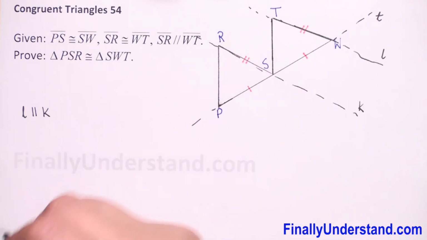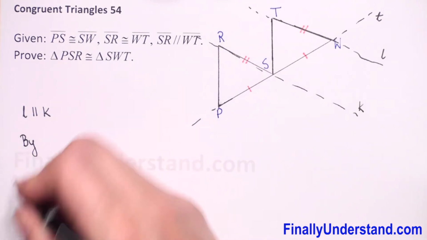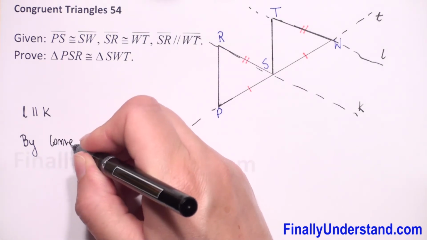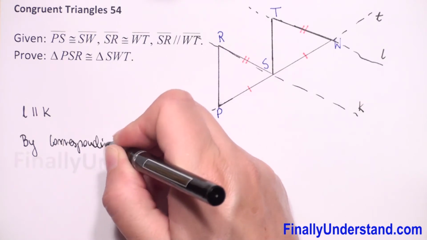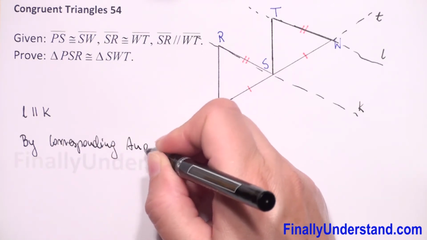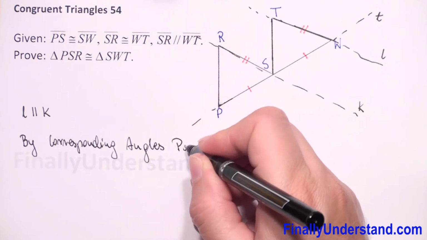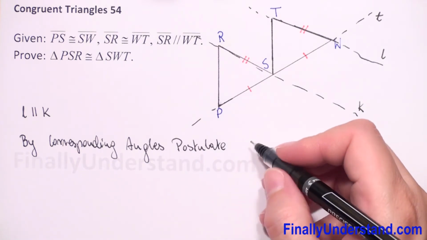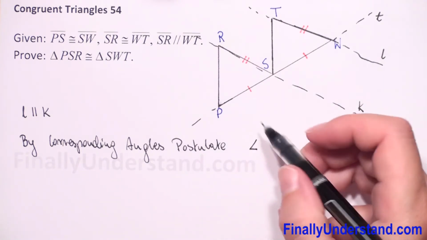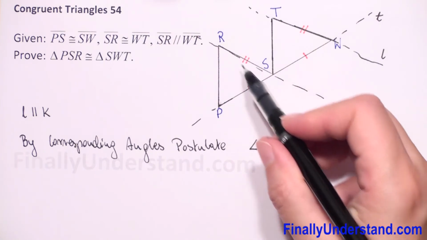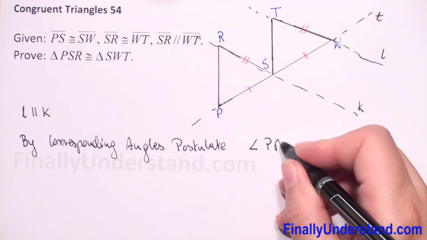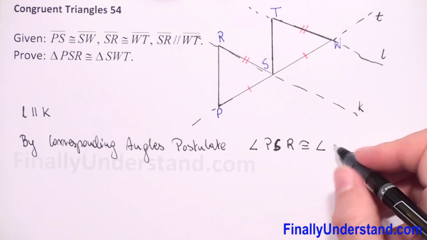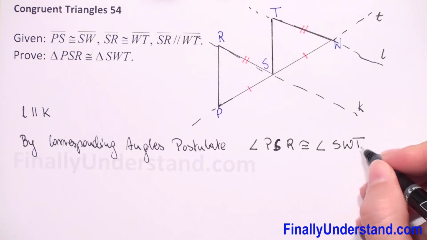So we can write that by the corresponding angles postulate, angle PSR, S of course, R, is congruent to angle SWT.